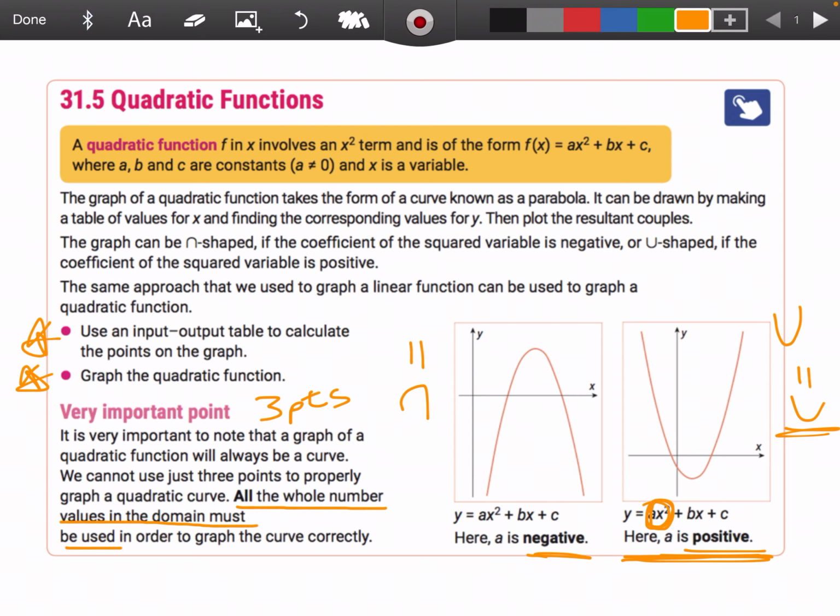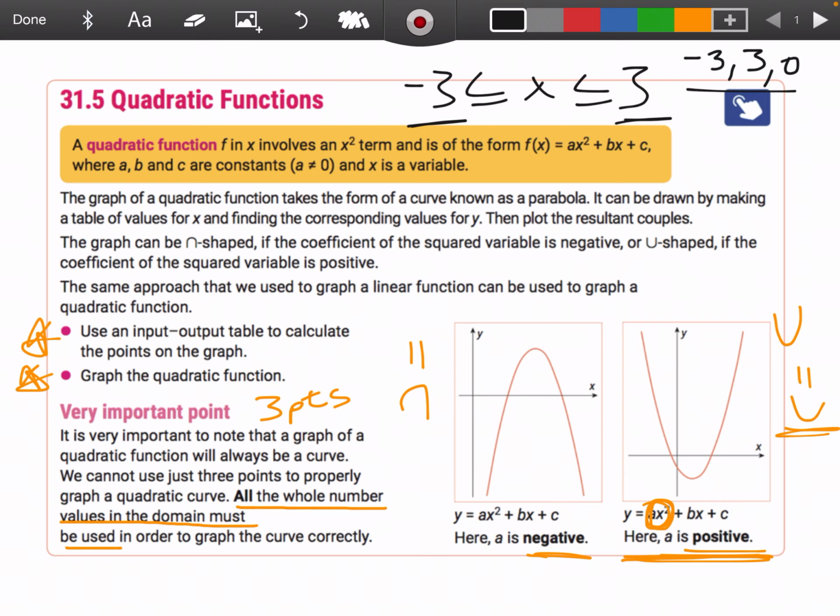When we were given something like minus 3 is less than or equal to x, which is less than or equal to 3, I said you could use any 3 points within that range, and we usually give your extremes, so minus 3, 3, and 0. In this case, we can't do that anymore, because we have a curve, we have to plot every single point within the domain.